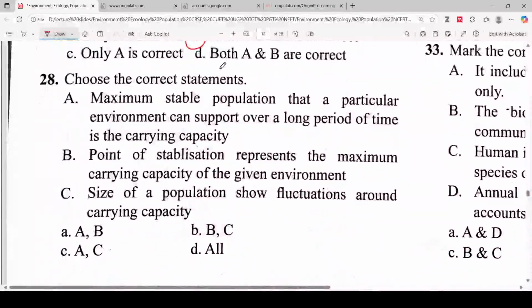Choose the correct statement. Maximum stable population that a particular environment can support over a long period of time is called carrying capacity. Point of stabilization represents the maximum carrying capacity of the given environment. The size of a population shows fluctuation around carrying capacity.